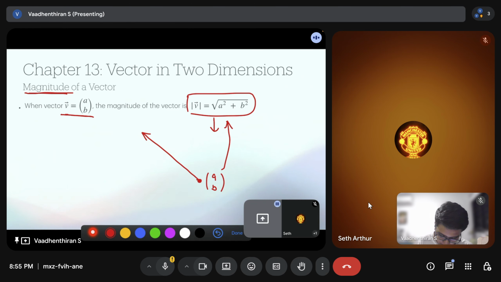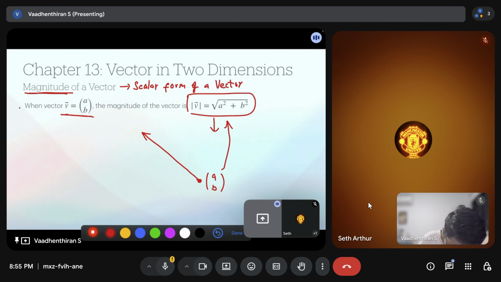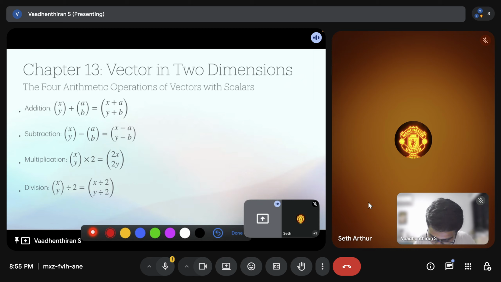Got it? Whenever you think of magnitude, remember that this is the scalar form of a vector. It just shows you the magnitude of the vector and not the direction. Got it? Okay. Yes, ma'am. It's easy, mostly.